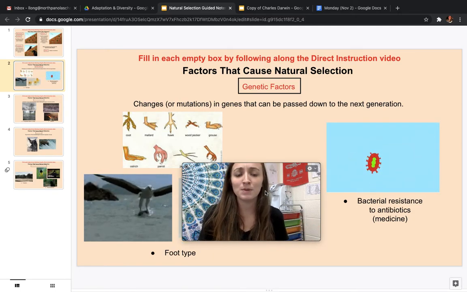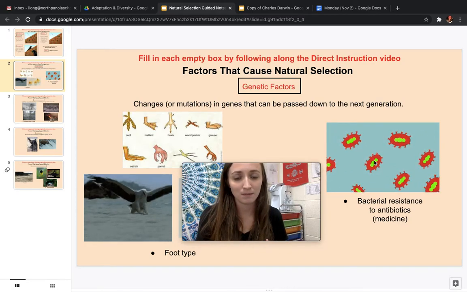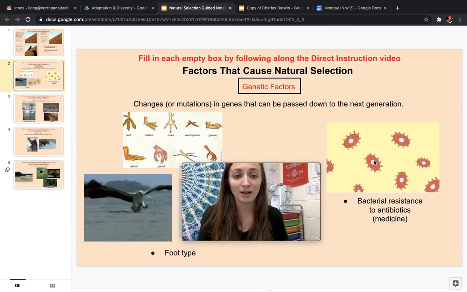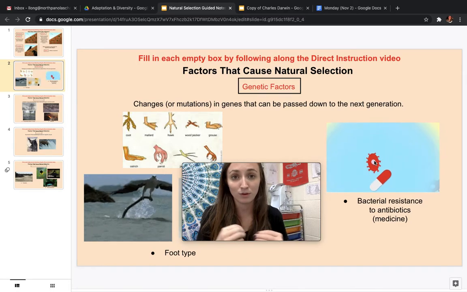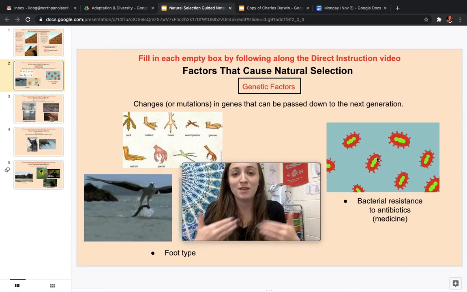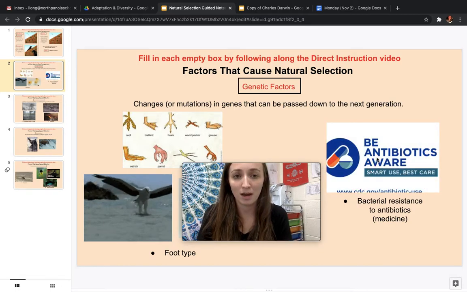So basically, this bacteria is able to survive even if you take that medicine. So since that bacteria is surviving, it's passing down that trait to its offspring when it reproduces. Because yes, bacteria do reproduce. So then its offspring, or the bacteria that it makes, are also resistant to antibiotics.